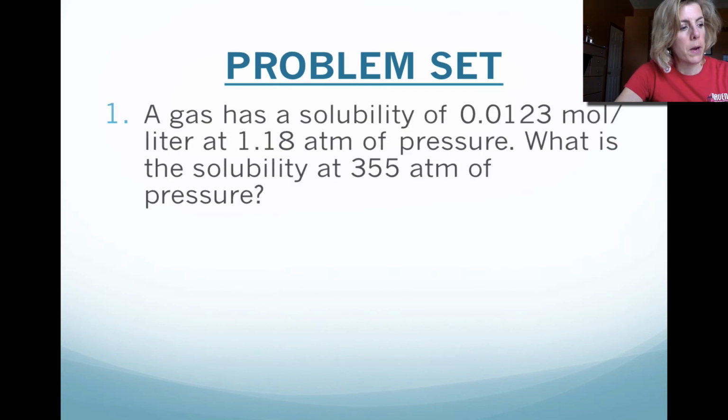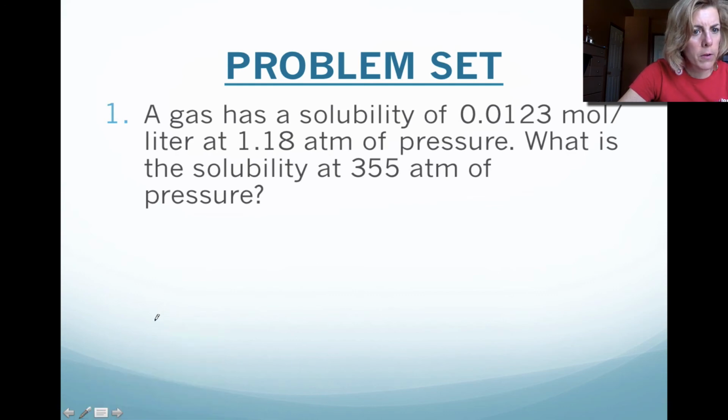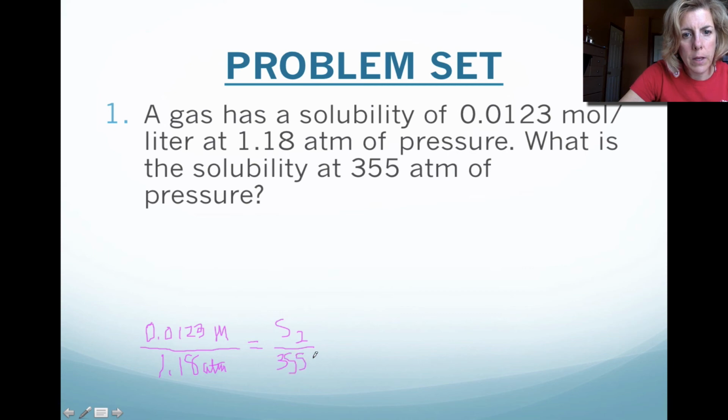Okay, so here's a problem that I'm going to do with you, and we're going to use that formula that I just talked about. If we have a solubility of 0.0123 molarity at a pressure of 1.18 atm, they want to know what the solubility is at 355 atm. So I'm going to set this up.